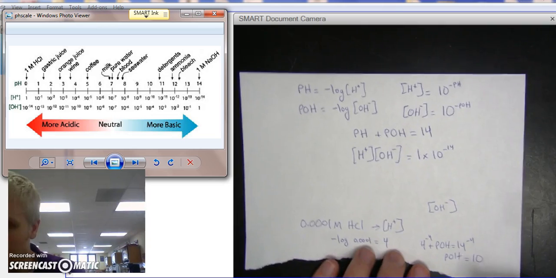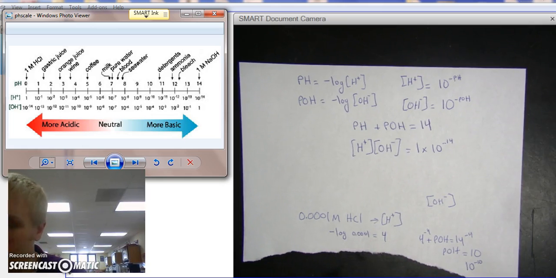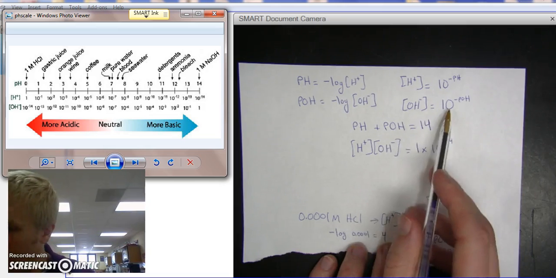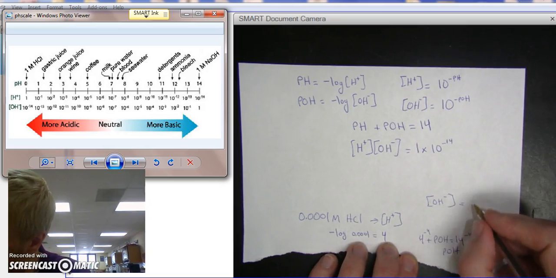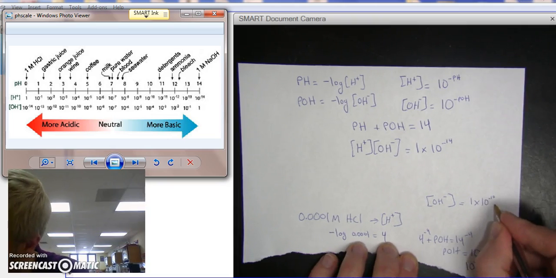Now that I have that, I can do 10 to the negative pOH. So my OH minus is going to be 1 times 10 to the negative 10.